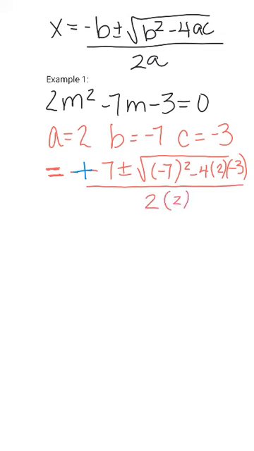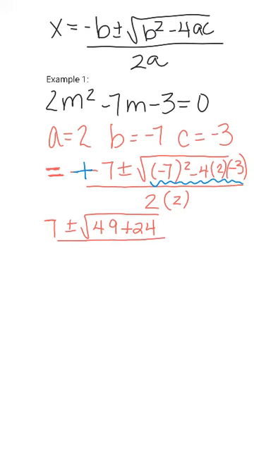So just like before, I would just start PEMDASing the square root in here. Okay, so we'll still have 7 plus or minus the square root. Negative 7 squared, a negative times a negative is a positive 49. Okay, and then negative 4 times 2 times negative 3 would give us a positive 24. And then 2 times 2 here in the bottom is 4.